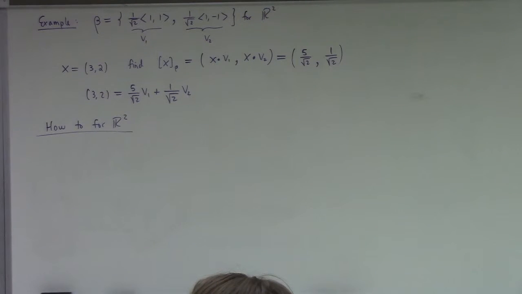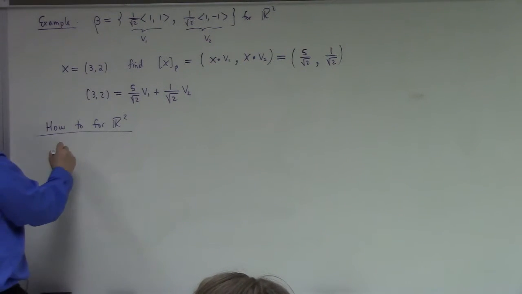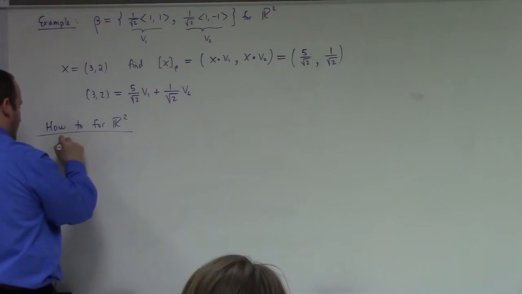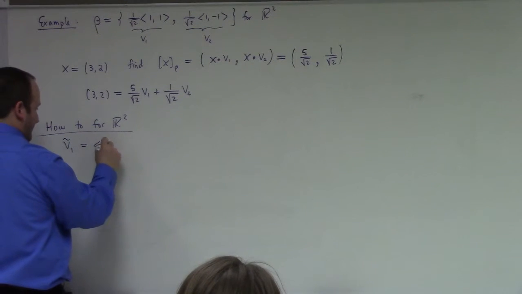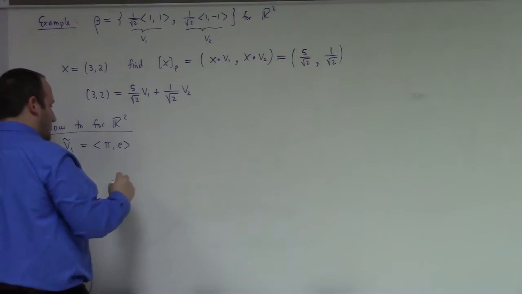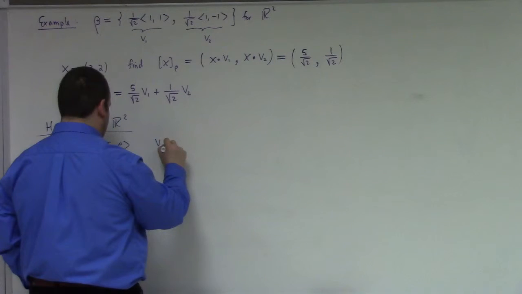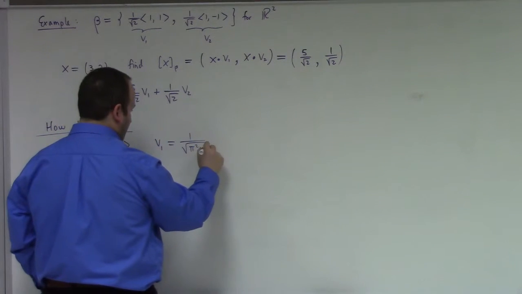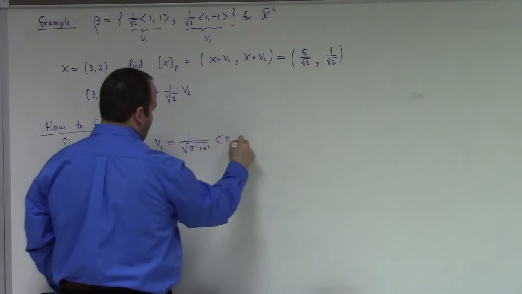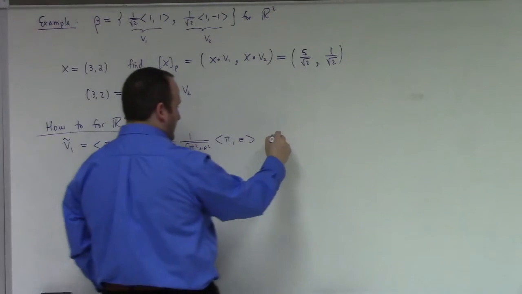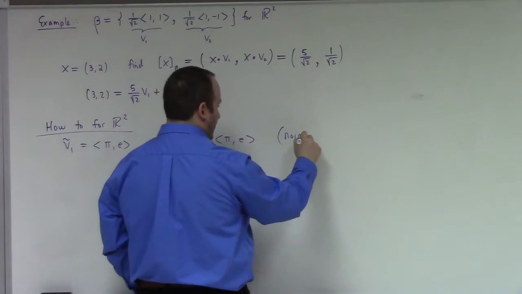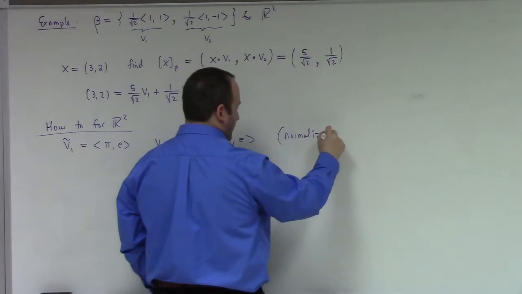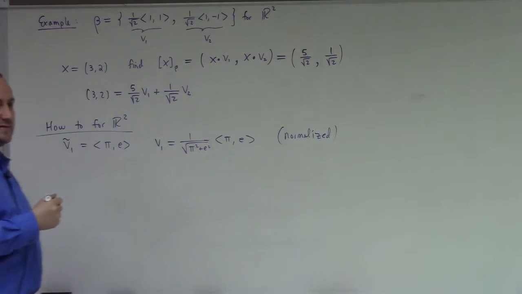Pi, e. Pi, e, I'll take it. So v1 tilde is (pi, e). So I take your (pi, e), and I replace it with v1, which is 1 over the square root of pi squared plus e squared, times (pi, e). See what I did? This is called normalizing. First of all, I rescaled it to have length 1. There's the first thing in my basis.